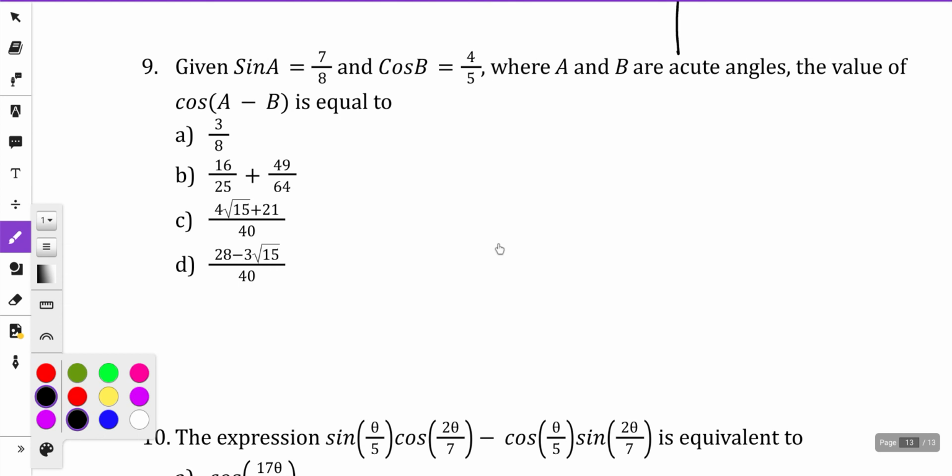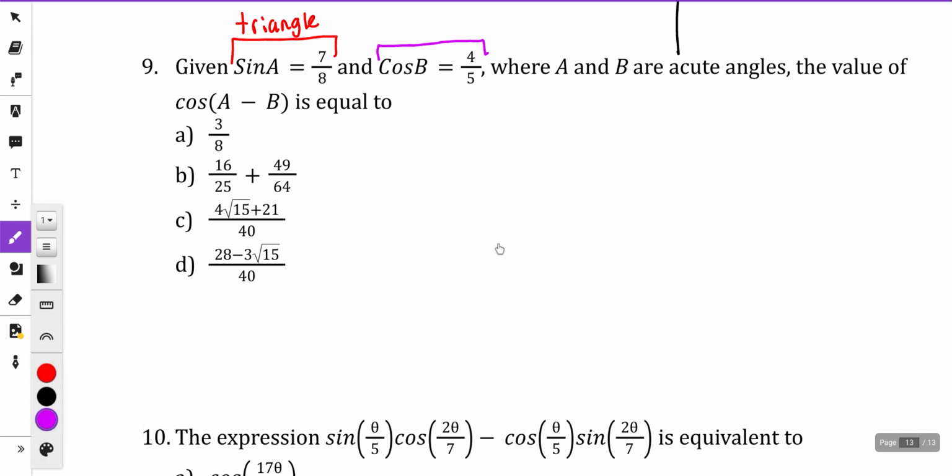They told you one triangle and a second triangle. I know these are different triangles because they're different angles. One was A, one was angle B. I should sketch both these triangles.